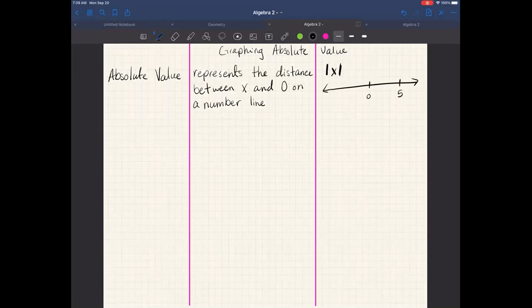We have 5, -5. Both of them are 5 units from 0. Okay, so it doesn't matter if it's positive or negative, the distance is the same.